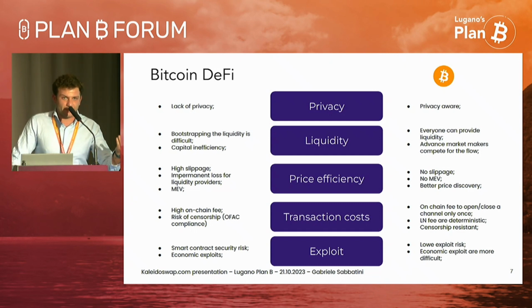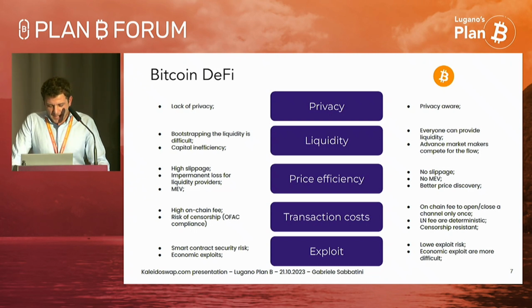And so there is no slippage. And there is no risk of front-running, because the transaction is not in the mempool, and people cannot see it, so the transaction cannot be front-run, and then there is definitely a better price discovery mechanism.